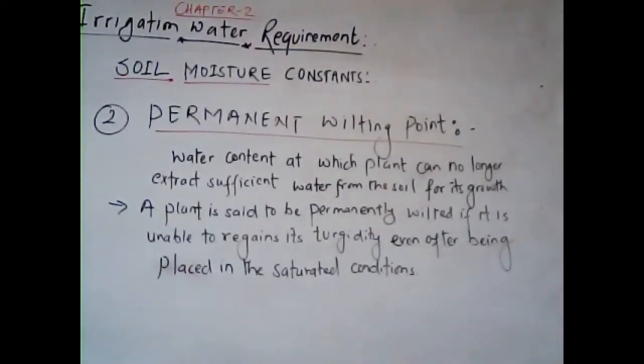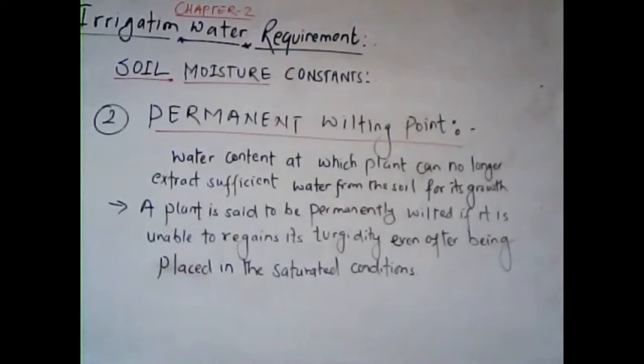A plant is said to be permanently wilted if it is unable to regain its turgidity even after being placed in a saturated atmosphere.